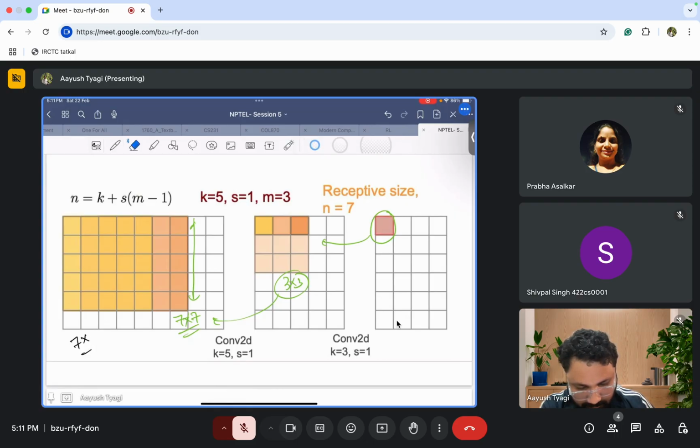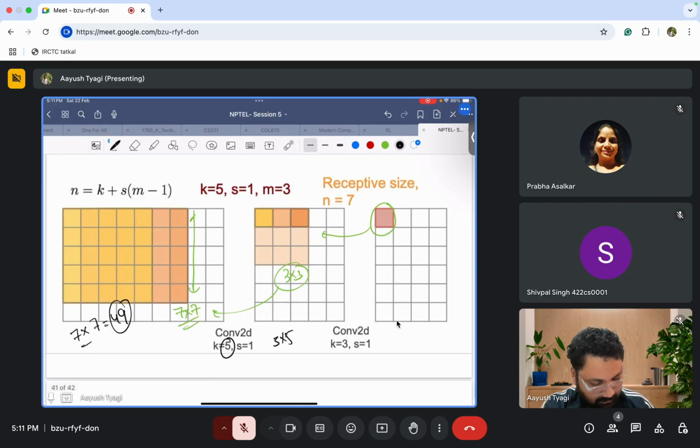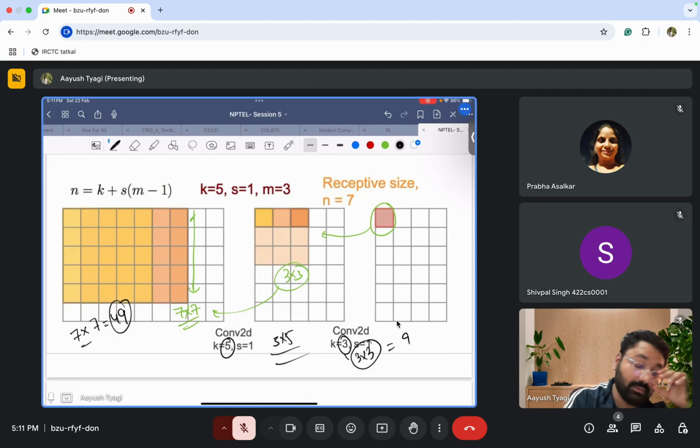But what we are using is 5 cross 5 and 3 cross 3, so 25 plus 9, and we are basically saving some parameters. That's the whole concept of receptive fields.